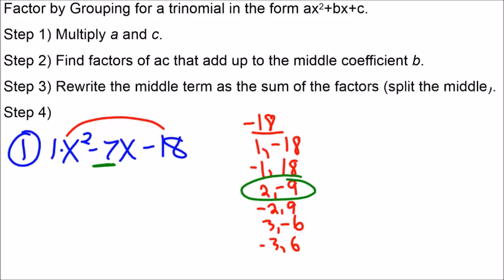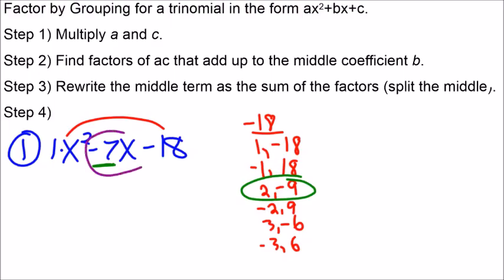So step 3 is to rewrite the middle term as the sum of the factors that we just found. So we're going to take negative 7 and rewrite it as positive 2x and negative 9x. And we're also just going to rewrite the x squared and the negative 18.